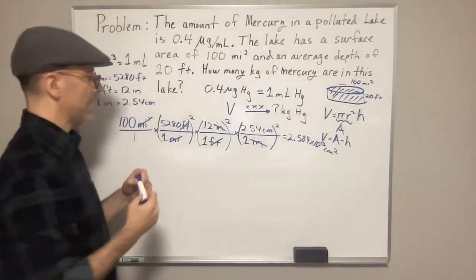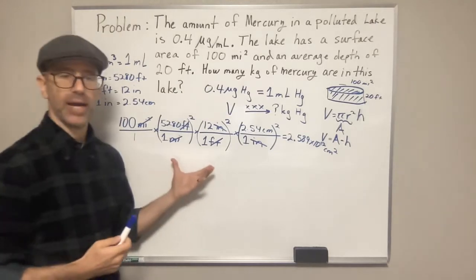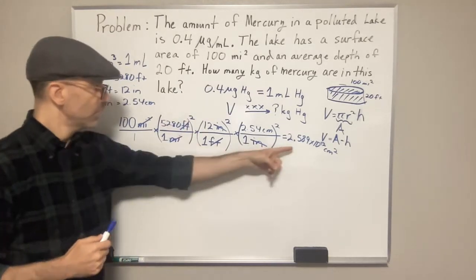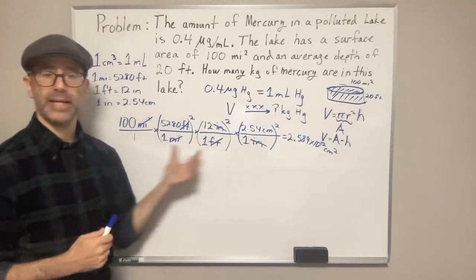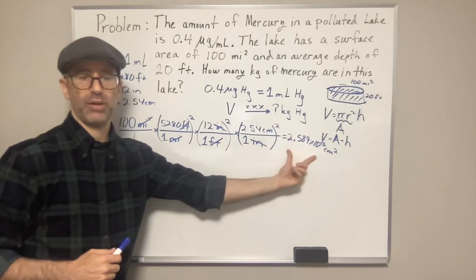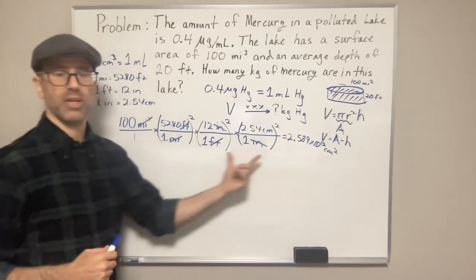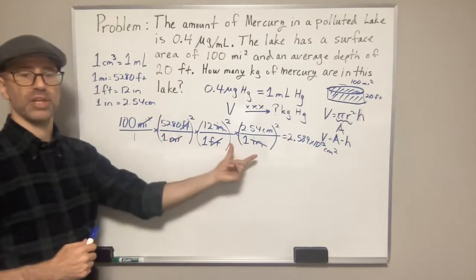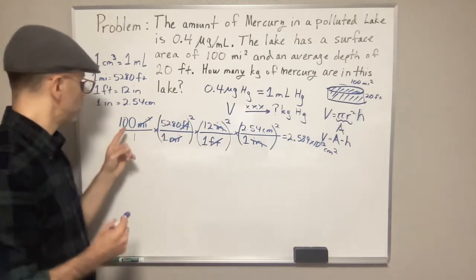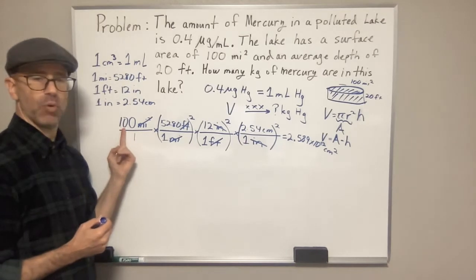Now I also have to keep in mind the number of sig figs I'm allowed. I need to remember that when you're multiplying and dividing, the number of sig figs you're allowed in your answer is the same as the least number of sig figs in the numbers you are multiplying and dividing. So notice here that I have 100.